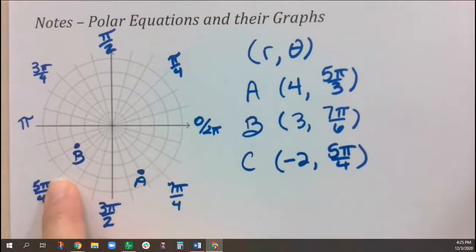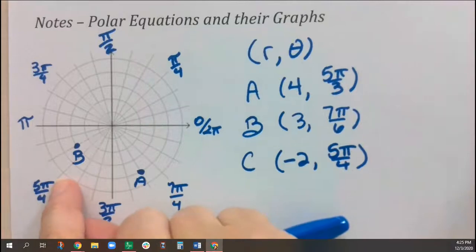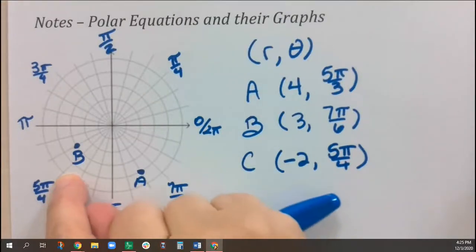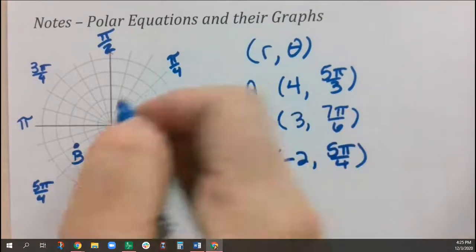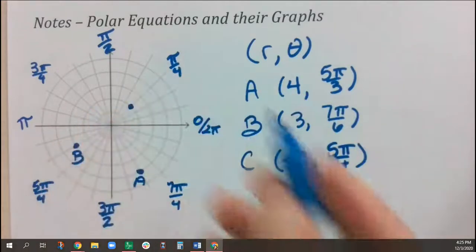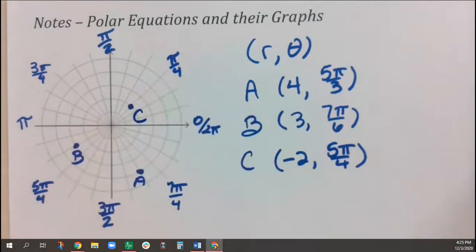But if my radius is negative, that means that it's going to send that point on the same spoke into the opposite quadrant. So we're going to go over to the first quadrant and plot the point here at a radius of 2. This is point C.